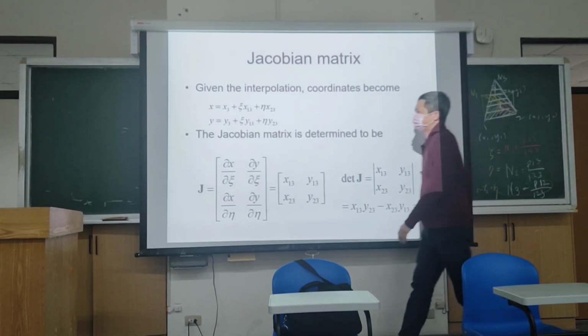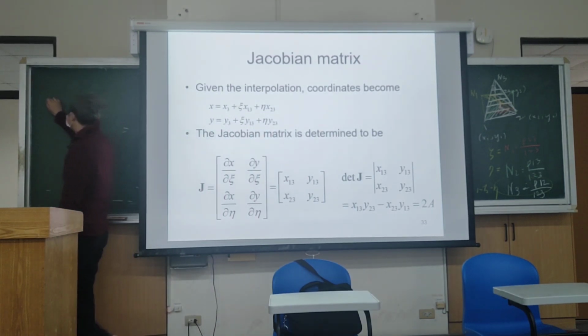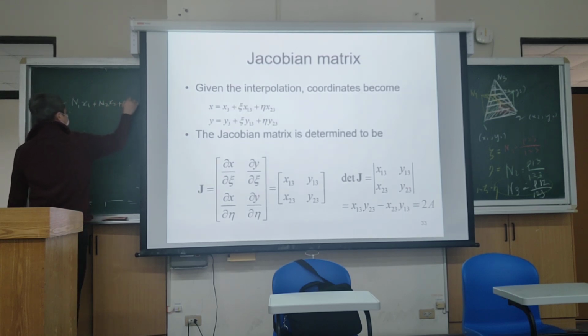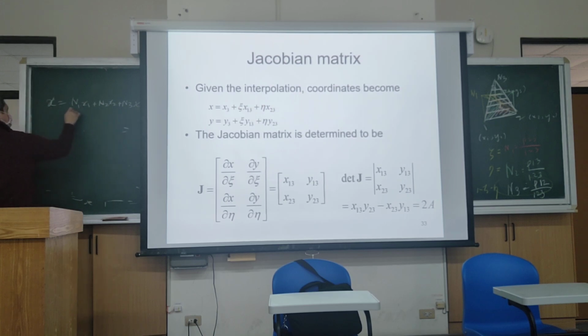Do you remember how we write this x? N1 x1 plus n2 x2 plus n3 x3. I tell you this is my shape function psi, eta, and then this is 1 minus psi minus eta. This expression is obtained because n1 plus n2 plus n3 is equal to 1. Okay, because of this, now I can do the simplification.